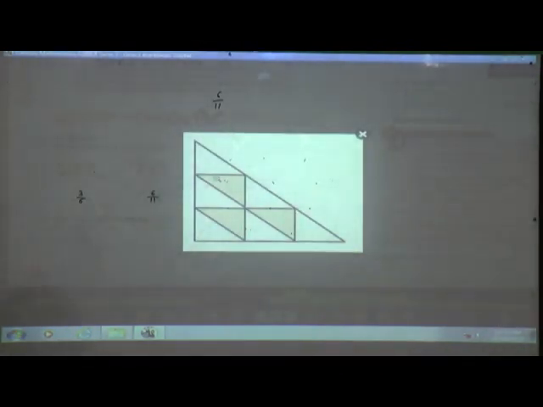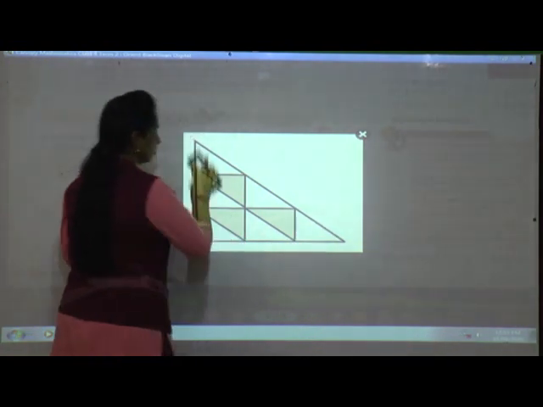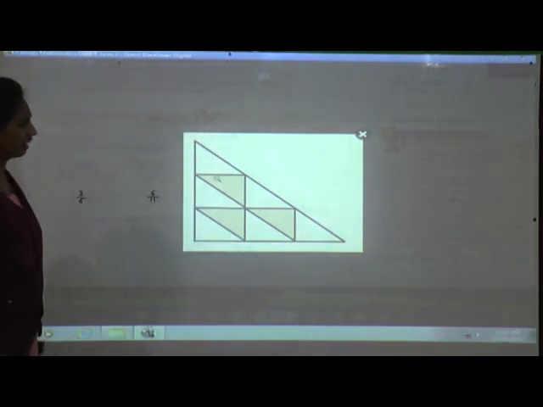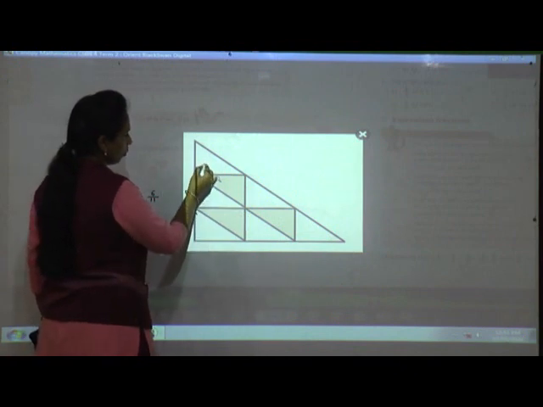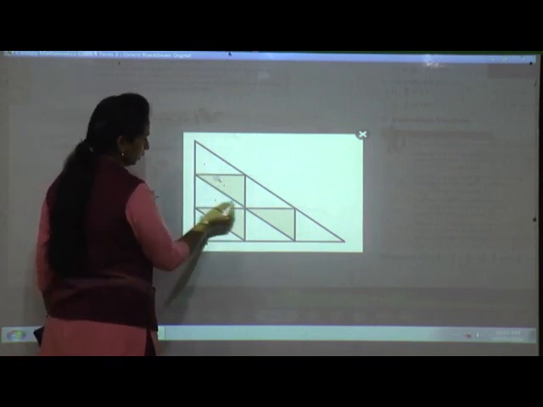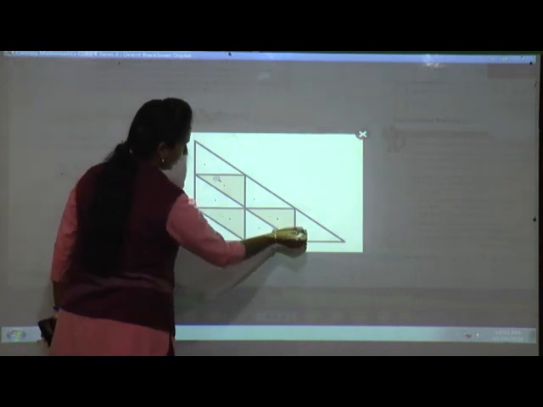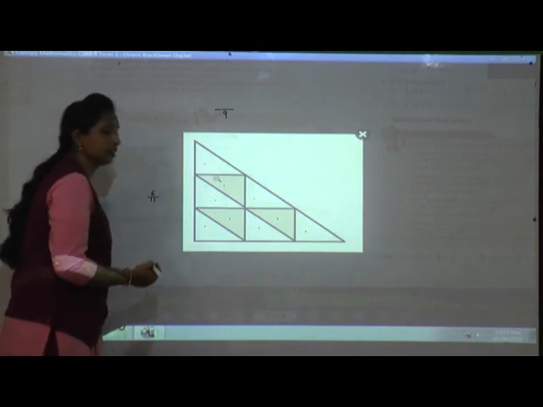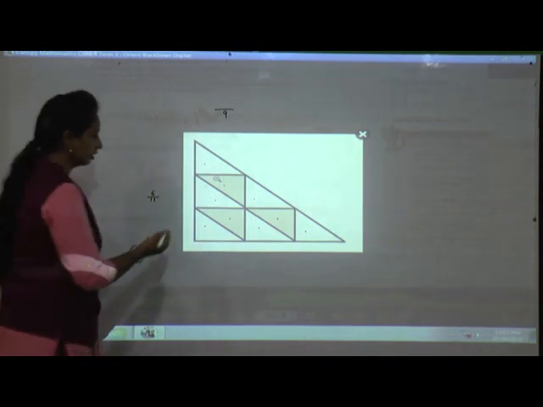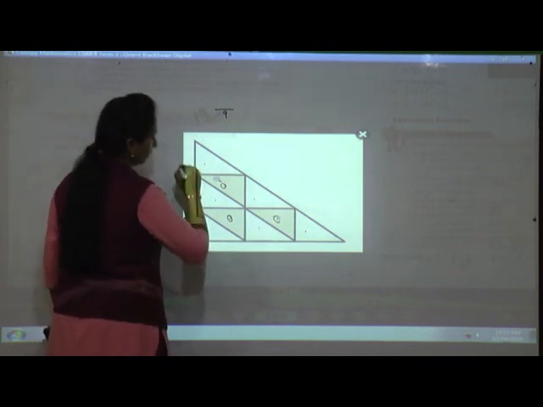See. Now see this triangle. How many parts are there? First we will see. 1, 2, 3, 4, 5, 6, 7, 8 and 9. How many are there? 9. Out of this, how many are colored? Yes, can you see? 1, 2 and 3.